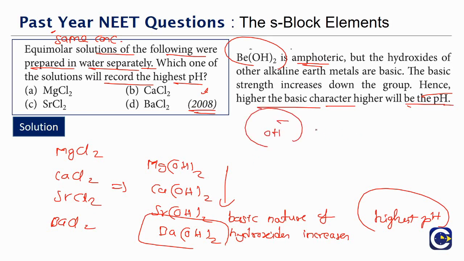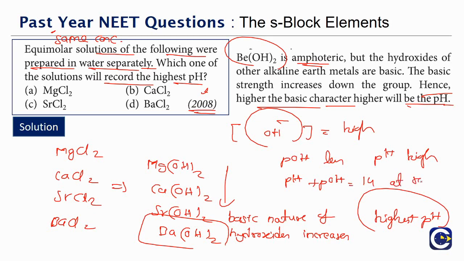When the OH minus concentration is high, pOH will be less and accordingly pH will be high. So remember the relation: pH plus pOH is equal to 14 at room temperature. This is something that we covered in ionic equilibrium.